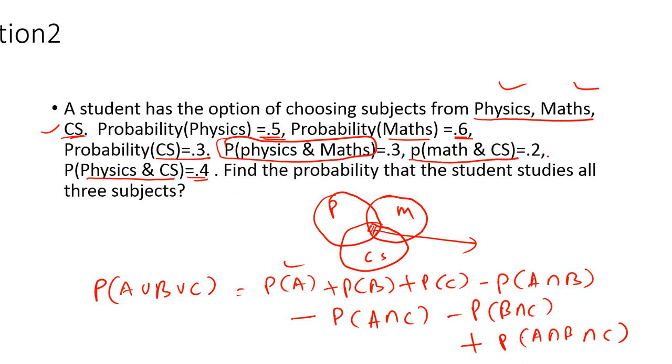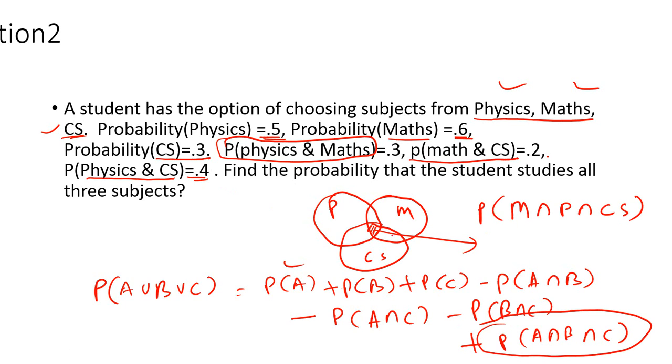Now we need to find out P of A intersection B intersection C, that means probability of mathematics intersection physics intersection computer science, this common area. Okay, so we know all these values. We also know the left hand side, right? P of A union B union C would be 1.